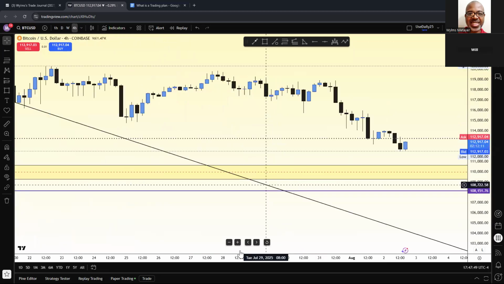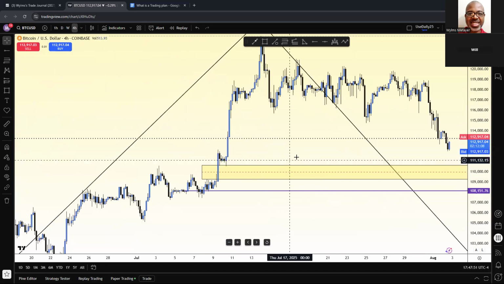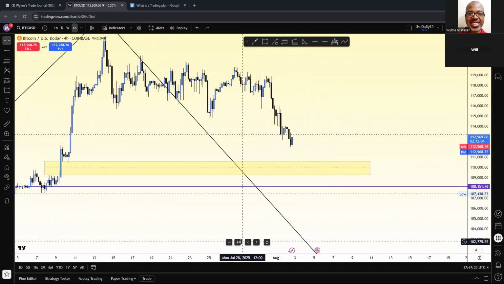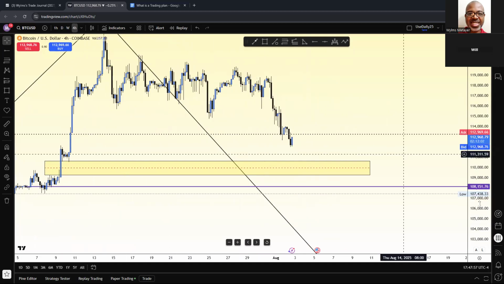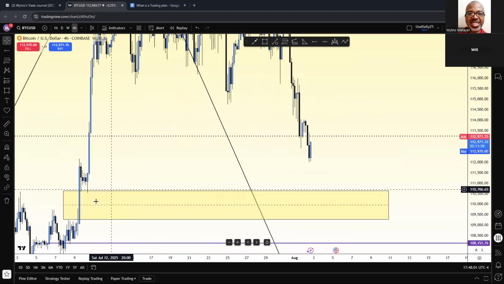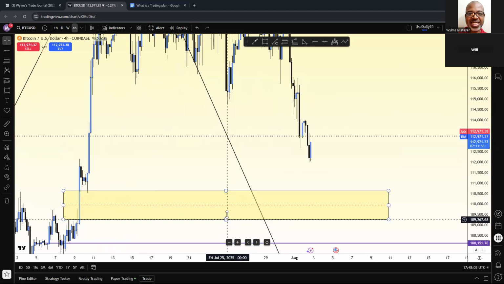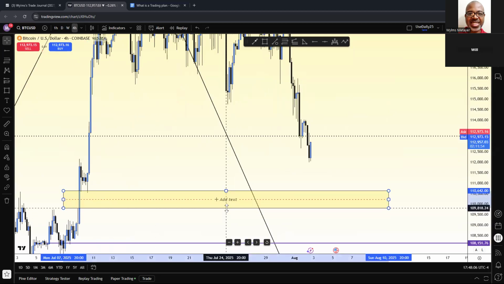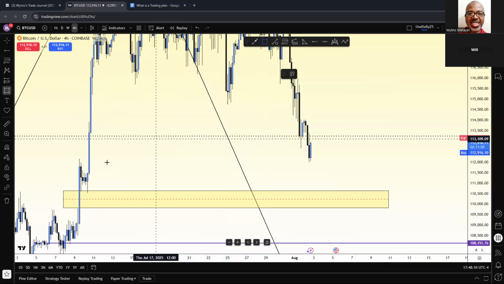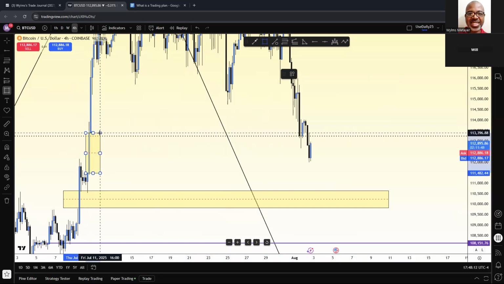Okay. So as you can see, it is a serious pullback, right? Now, like I said before, even if you look at the 4-hour gap and you adjust everything here, like this could be the fair value gap, you adjust it from the daily, and we do see another fair value gap right here between these three candles.